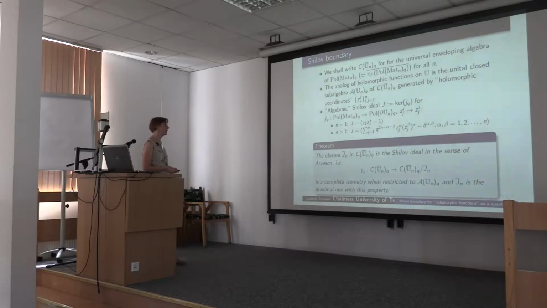Our theorem is that if I take this ideal G, the same as G n, take the image in the Fock representation and take the closure in this algebra, then this is a Shilov ideal in the sense of Arveson. That means the natural quotient map is a complete isometry when restricted to the holomorphic part, and the closure of G n is the maximal ideal with this property, so it is actually the Shilov one.